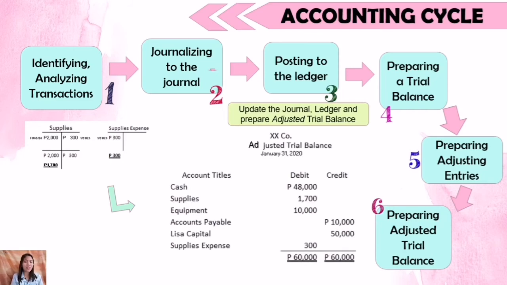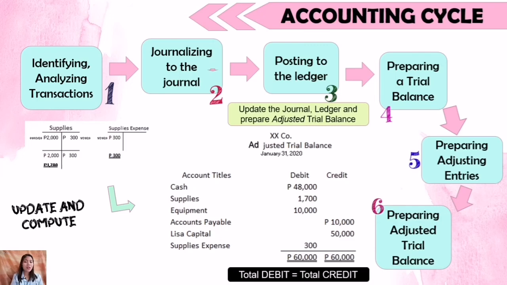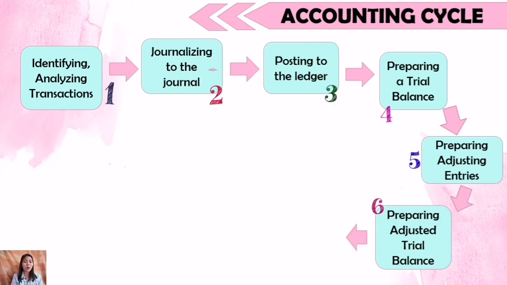Supplies in our adjusted trial balance have the amount of 1,700, and then we added supplies expense in the list of account titles with the amount 300, and then totaling both sides, summing it up. Still we have total debit of 60,000, which is equal to total credit of 60,000, meaning we are still correct. If the total amounts are not equal, then go back to the previous steps to check where you went wrong. Here we need to update and compute properly.